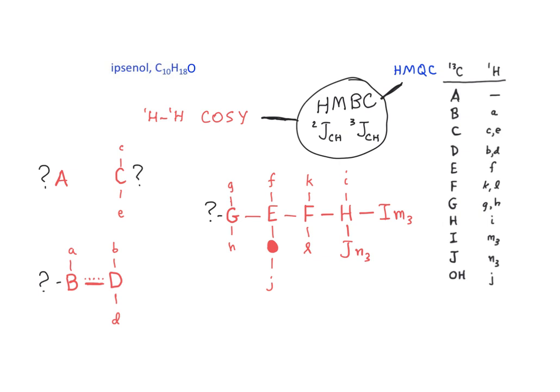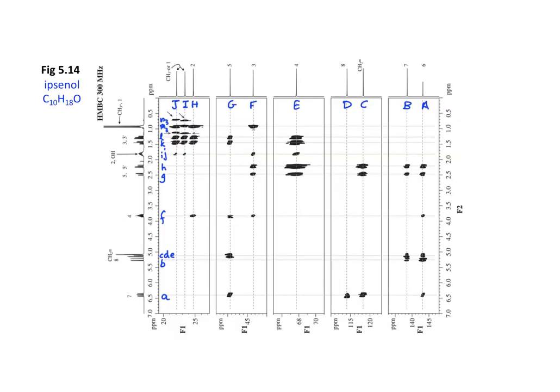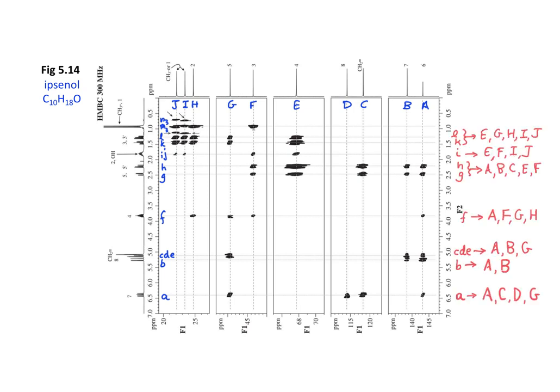It's a good idea to keep this scheme in front of you as you evaluate the HMBC spectra shown here. We'll note the correlations and bring these to another page with all of the data that we have so far to put this together.